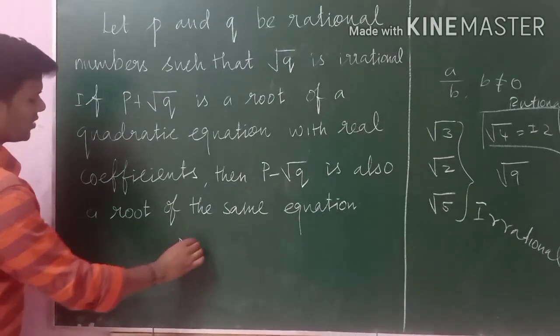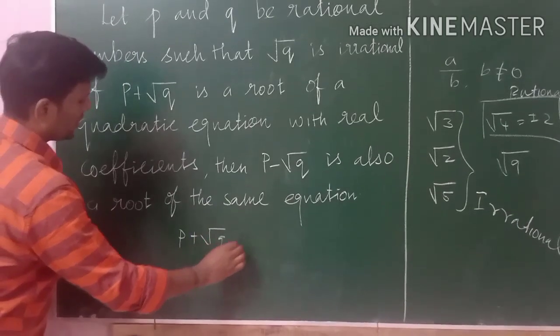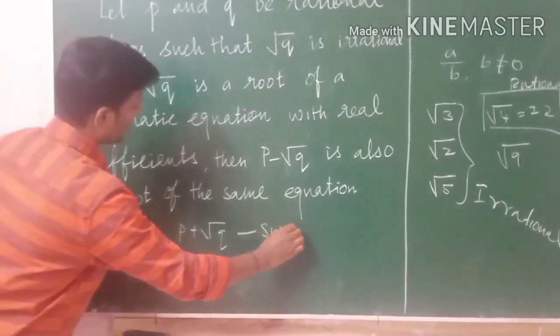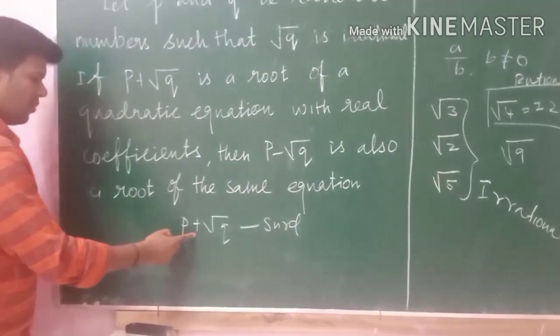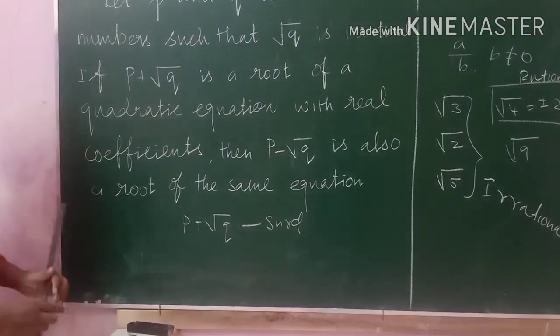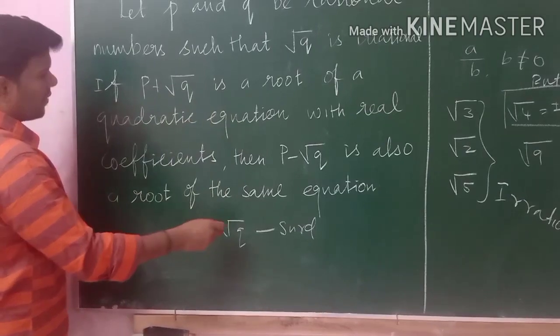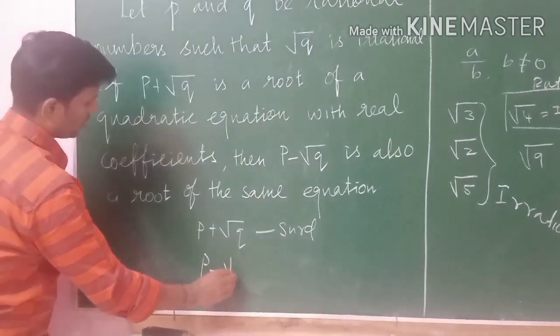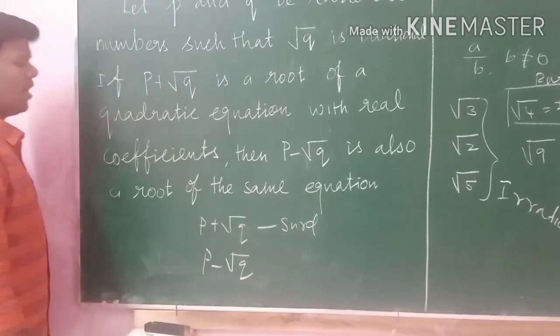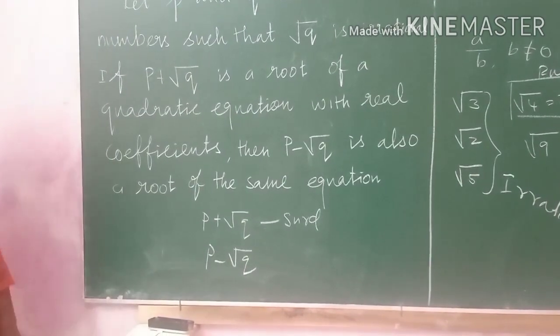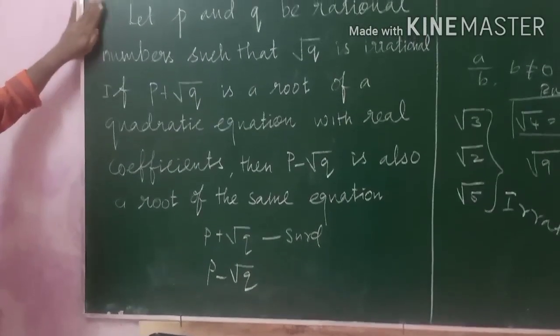The p plus square root of q நம்ம surd என்றும் சொல்லலாம். அதாவது rational number plus irrational number ஐ surd சொல்வாங்க. அதாவது p plus square root of q root னா அப்ப p minus square root of q is also a root of the same equation. This is our second note.